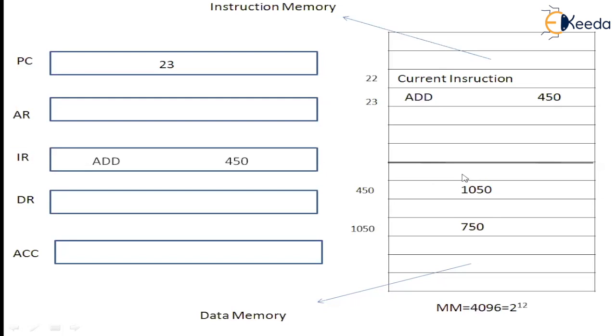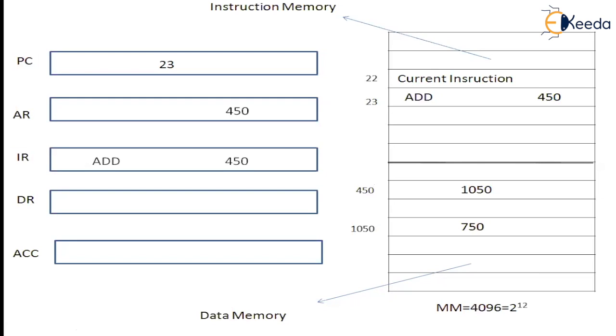Okay, so for that reason, as it is not directly giving us the operand, what we need to do is, again, go to the main memory and collect the operand, which is specified by the address of the operand here. So we will send this address of the operand back to the address register, because the address register is the only register that can communicate with the main memory.